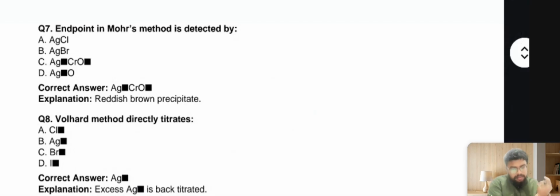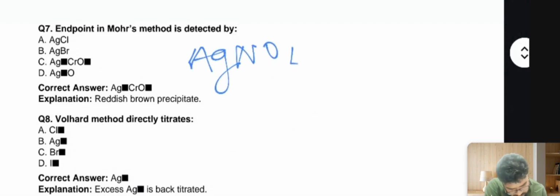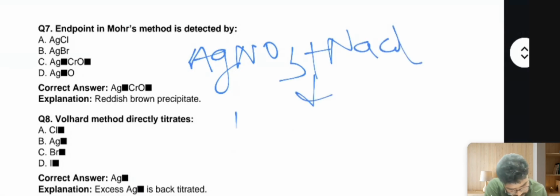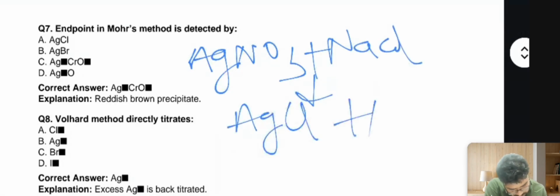Let's see. In Volhard method, we use AgNO3 plus NaCl, then AgCl plus NaNO3 forms.